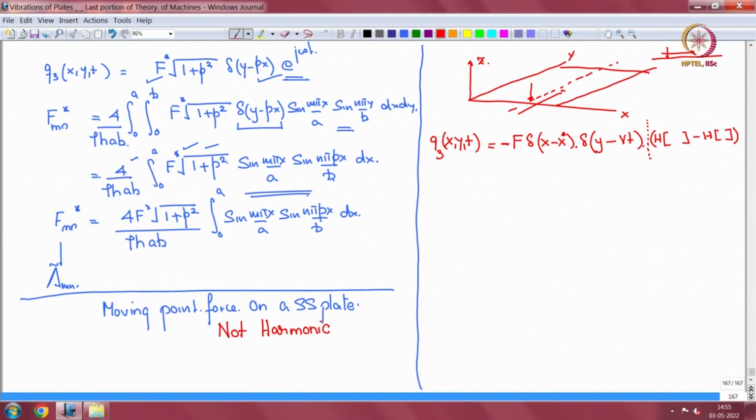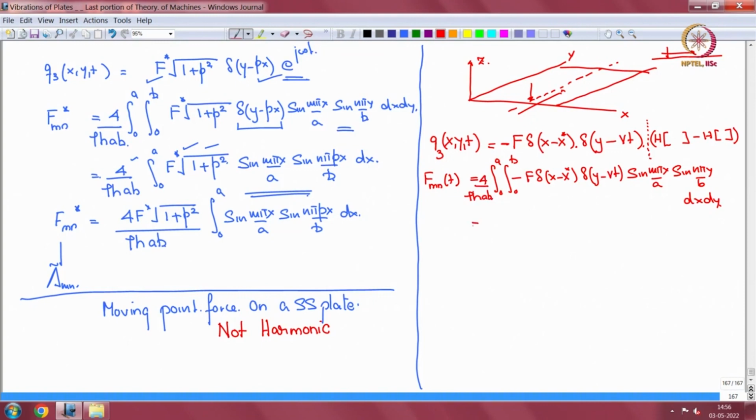So now what is my fmn of t for this transient case? It is integral 0 to a, integral 0 to b, minus f delta x minus x star delta y minus vt sine m pi x by a sine n pi y by b dx dy, and 4 by rho h a b.